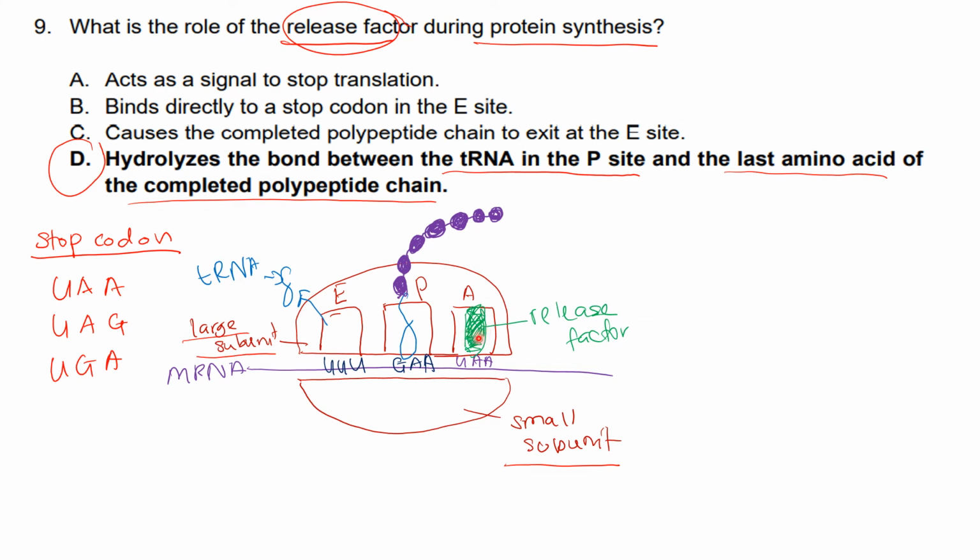The function of this release factor is to break, or hydrolyze, the bond between the last amino acid of the polypeptide chain and the tRNA that sits in the P site. All right, so that is the answer for question number 9.